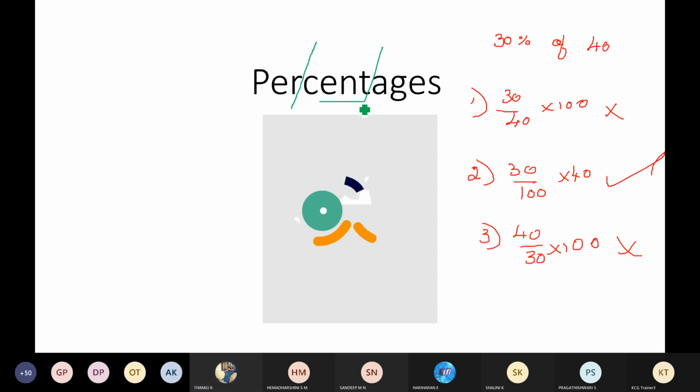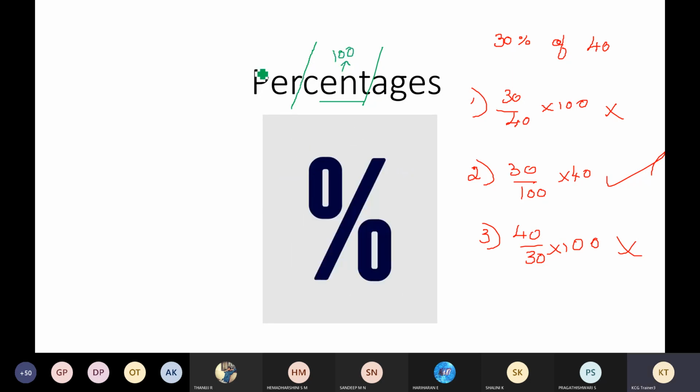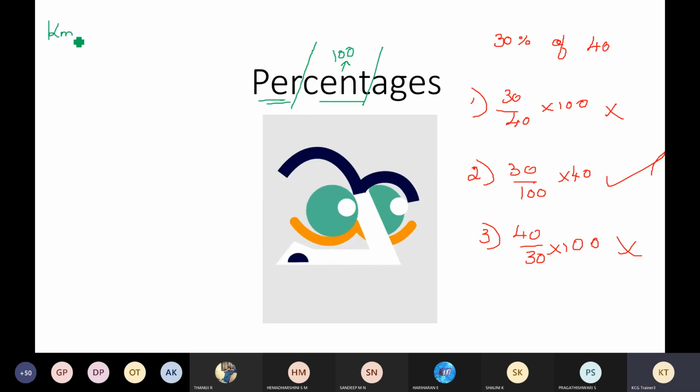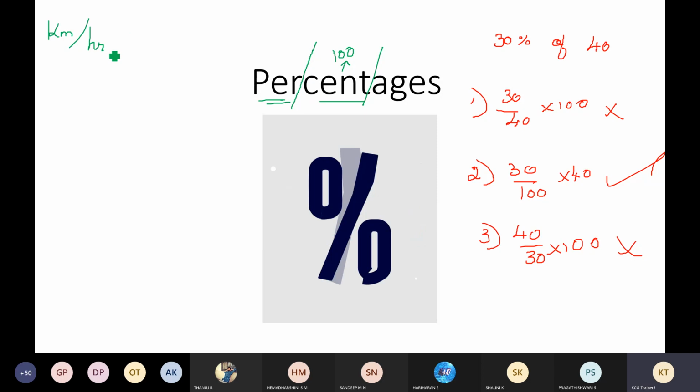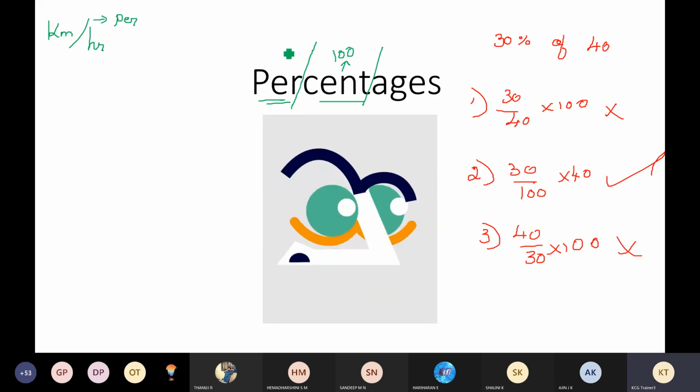No, it doesn't mean 10. Cent actually means 100. Centum, century. Correct. So cent actually means 100. And when do we use the word per? For example, kilometer per hour. So for division, we use percent.